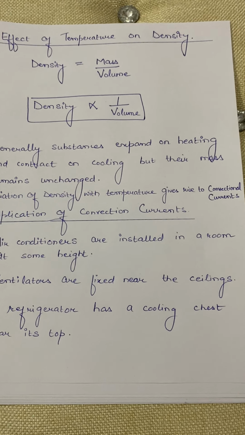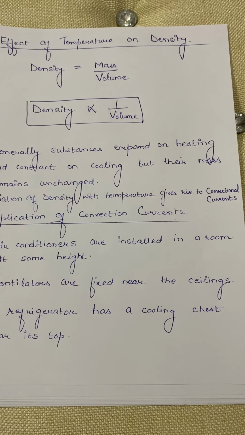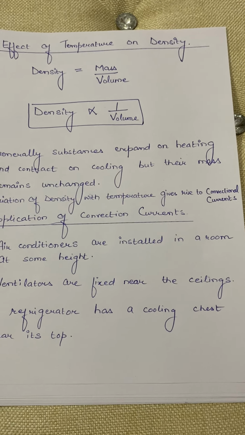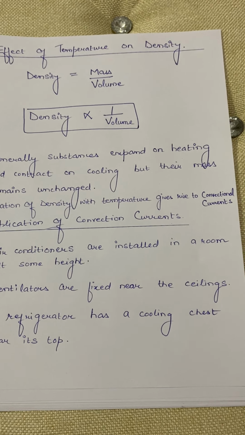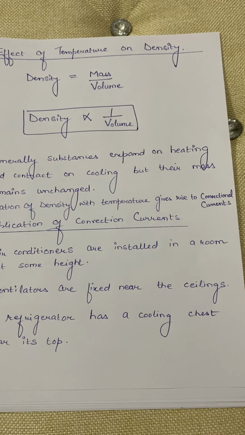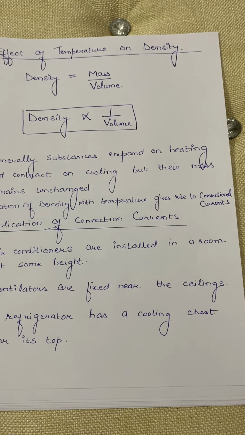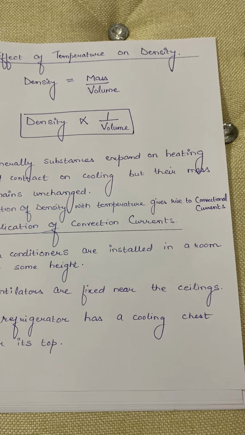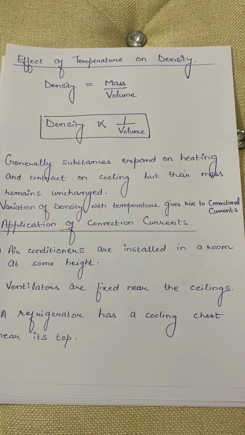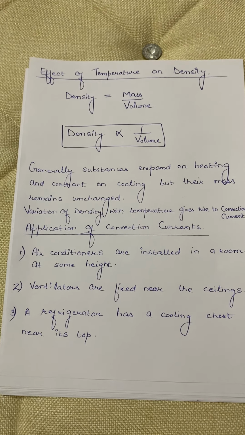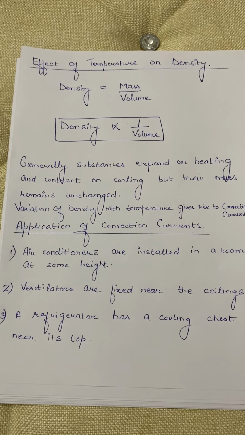The warm air is always lighter, so it will rise and move out through the ventilators. And so, cold air will enter the room through the windows and doors to take its place. Thus, a convection current will be formed, and there will be a very good amount of ventilation inside that room.